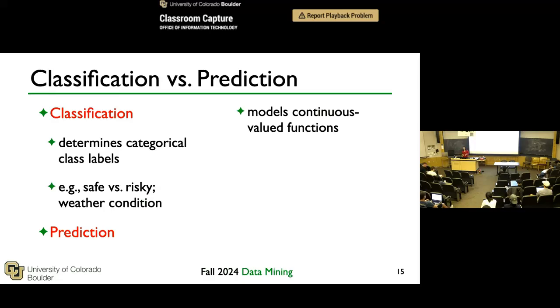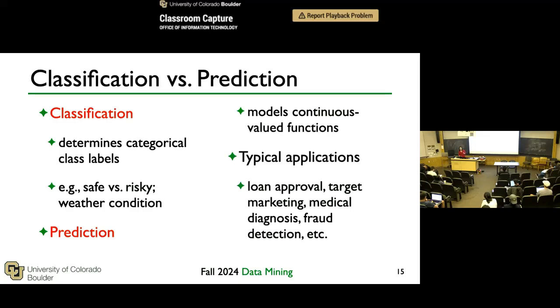It's about continuous-valued functions. That's the key difference. If you look at different applications, sometimes you have a finite number of classes, which is more of a classification problem, and sometimes you're trying to predict a value.